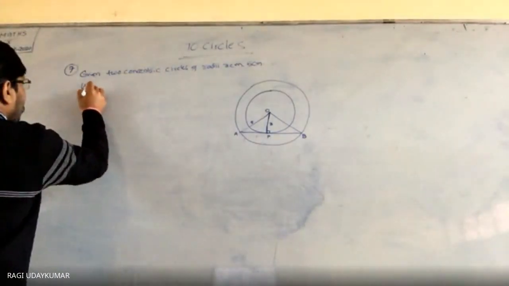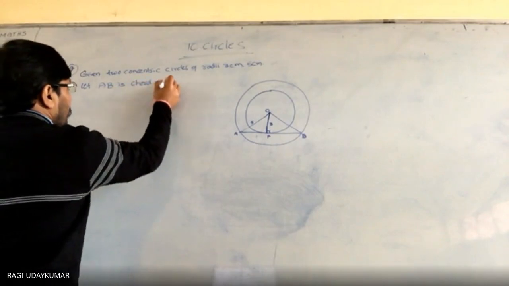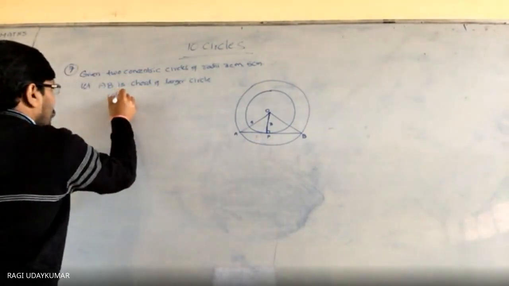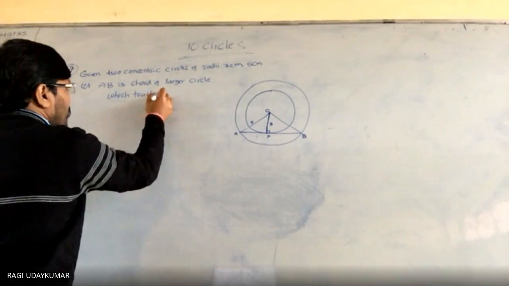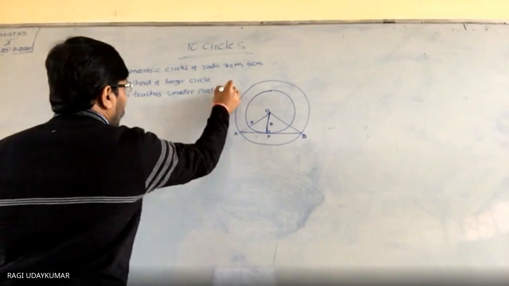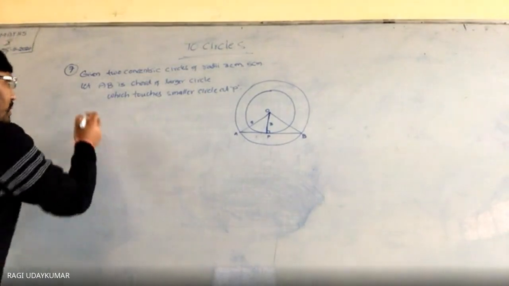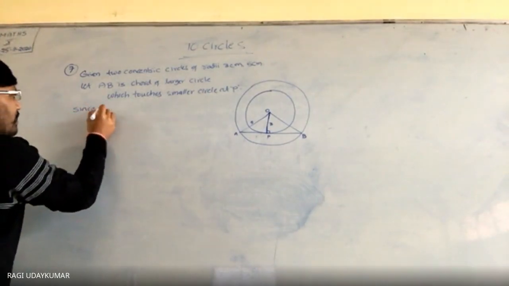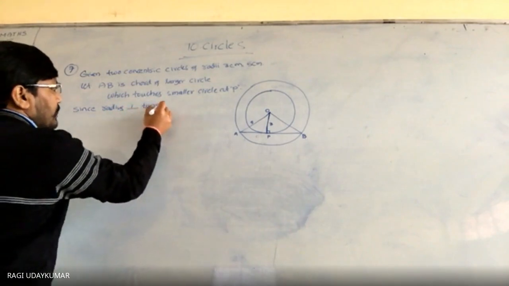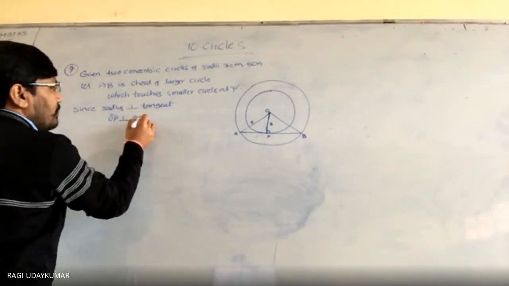Let AB be a chord of the larger circle which touches the smaller circle at P. Okay, it touches at the point P. So since the radius is perpendicular to the tangent, OP is perpendicular to AB.